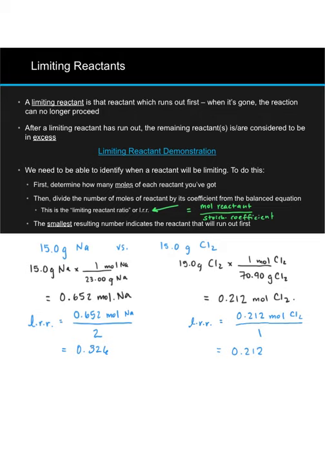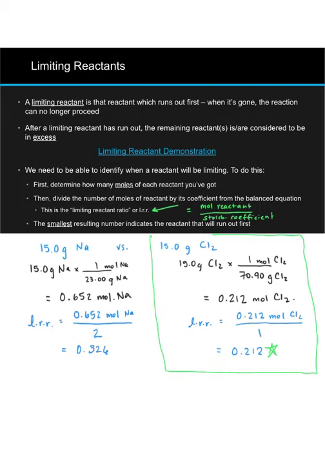Relative to how much of each of these reactants is required to make our recipe run and produce product sodium chloride, we still have chlorine present in a smaller relative amount. The smallest limiting reactant ratio identifies a substance that will run out first. And I'm going to star that substance and keep track of it.